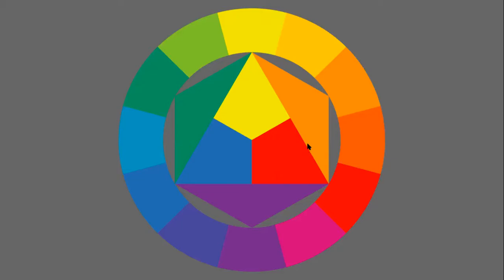The color wheel is also designed to show us color opposites. Colors that are opposite from one another on the color wheel are referred to as color opposites or complementary colors. Those are basically synonymous phrases.